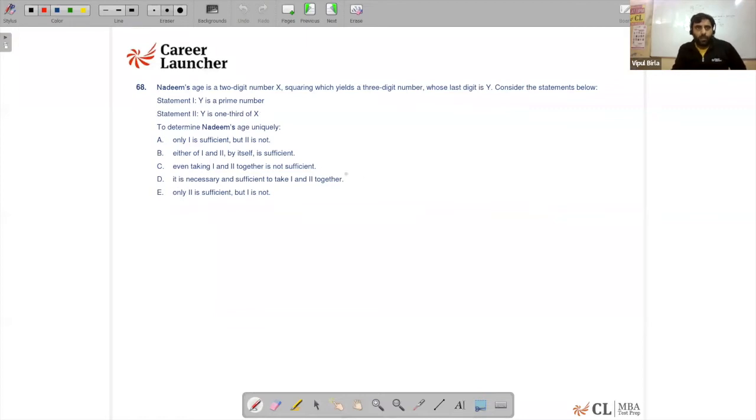68. Nadeem's age is a 2-digit number x, and squaring which yields a 3-digit number whose last digit is y. So if I take a square of x, it will become a 3-digit number.